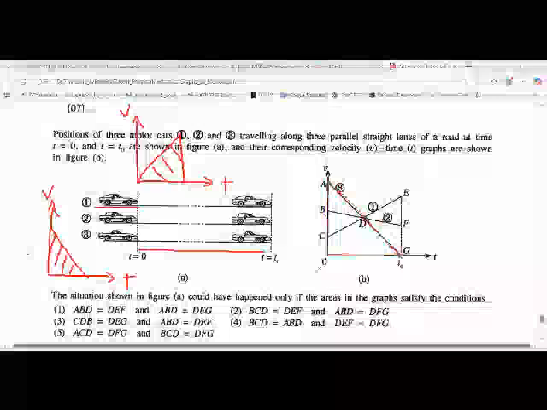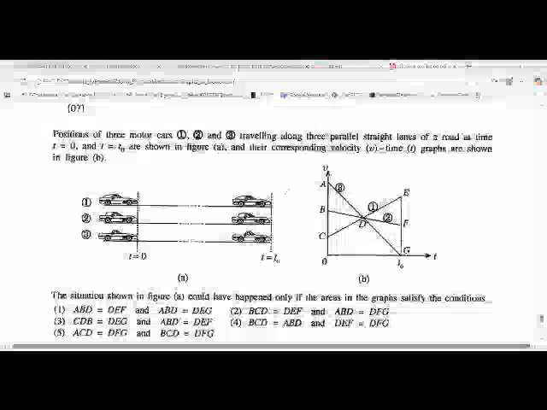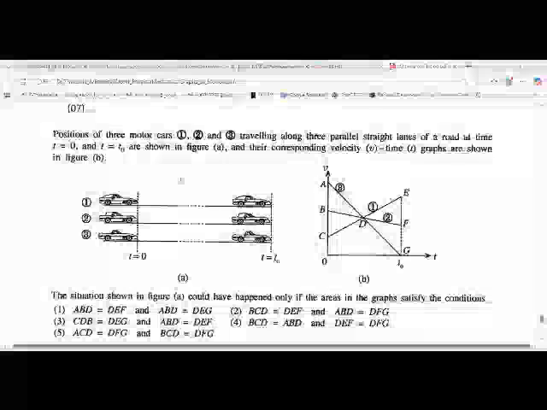Then when those areas are equal, which answer satisfies the conditions? You have to consider these answers. Look clearly. Let's consider first the motion of the first car.